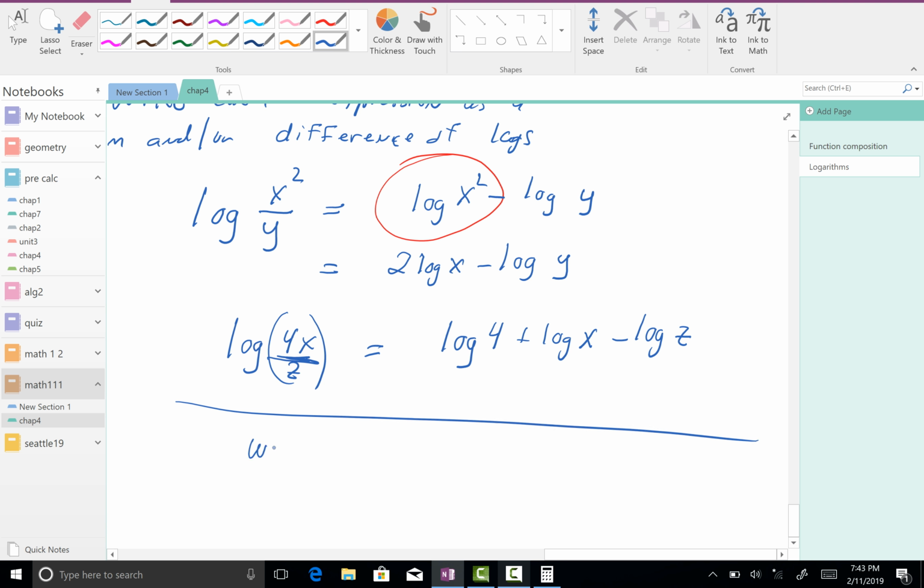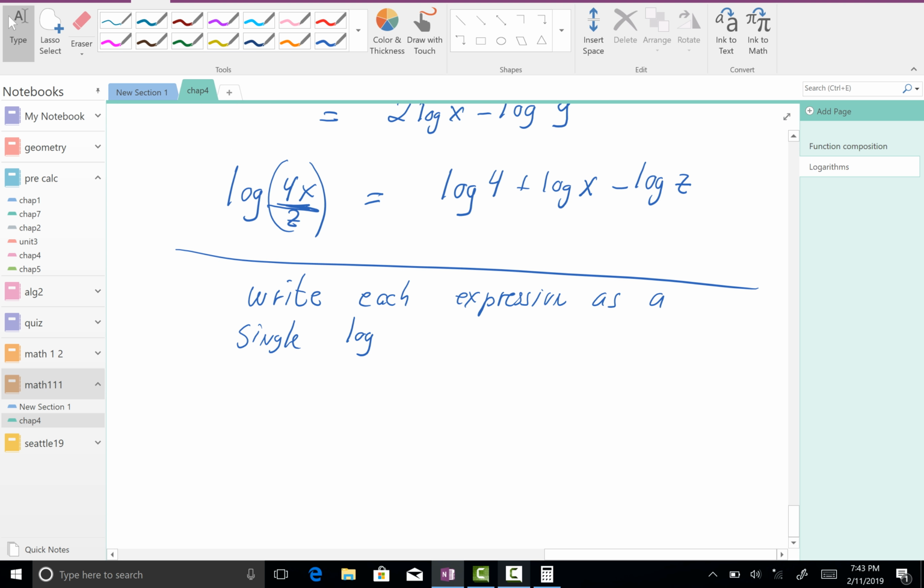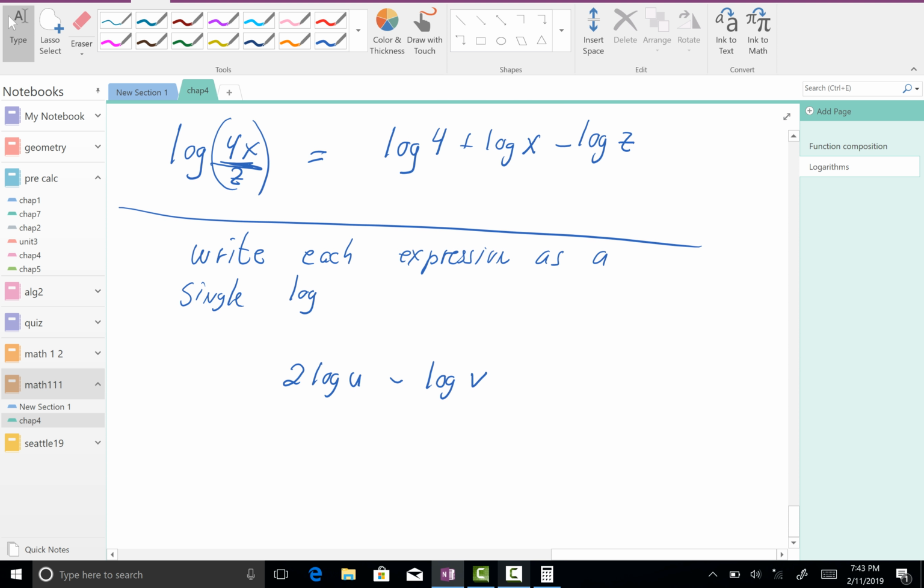Then, with the same idea, they're going to have you write each expression as a single log. So here, we're going to go backwards. If we have 2 log u minus log v, now we're going to go backwards.